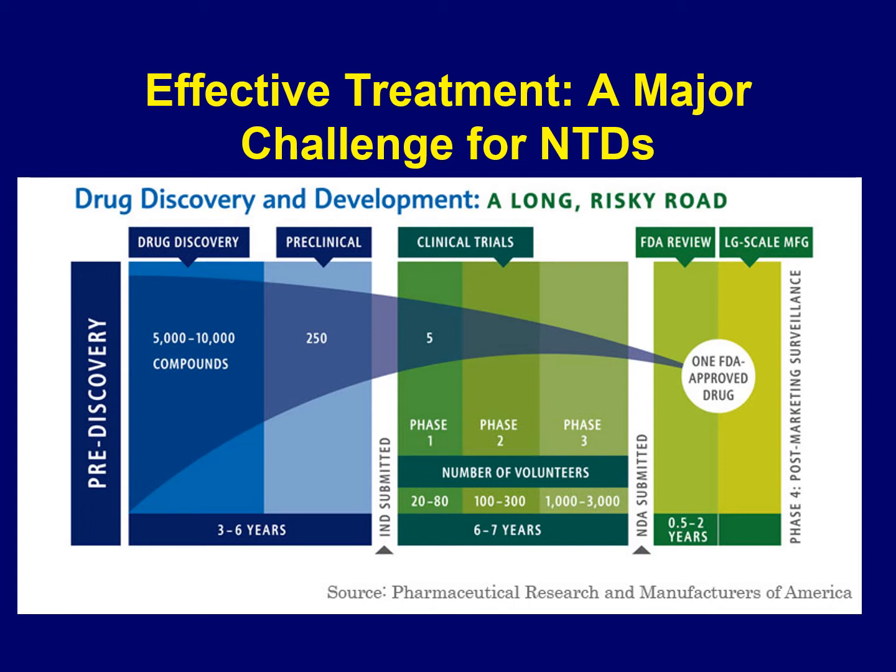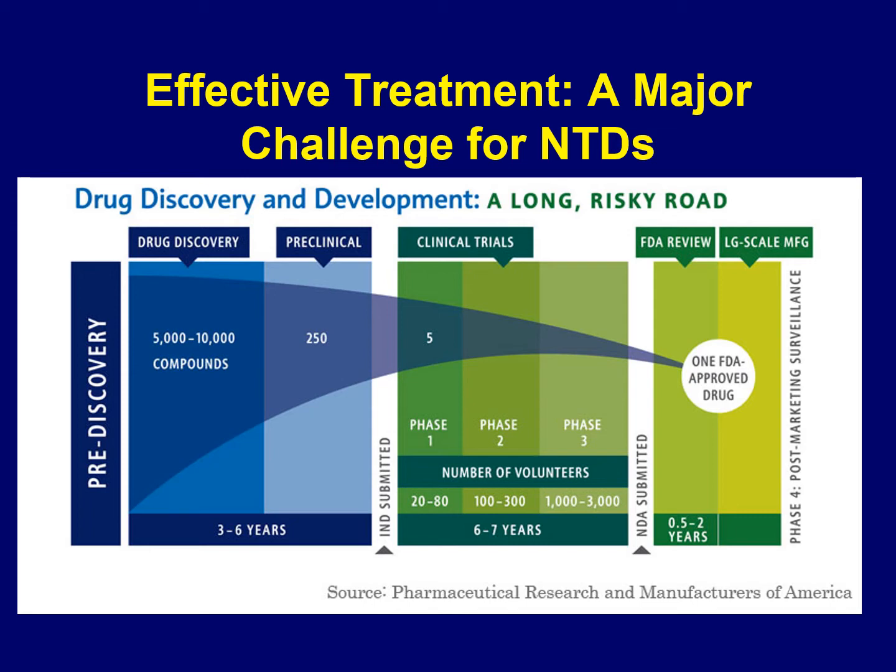So this is a very risky and long road. Risky in the sense that there's a very high risk of failure. You start with maybe 5 or 10,000 compounds, and you maybe get one FDA approved drug. So pretty low odds if you're betting on this. And in terms of time, it takes really at least a decade or more to get a drug to market.